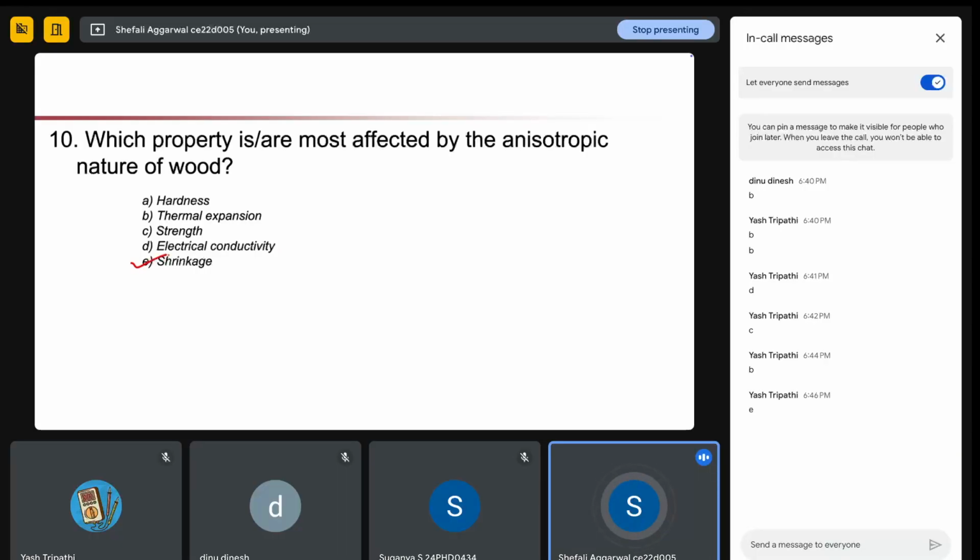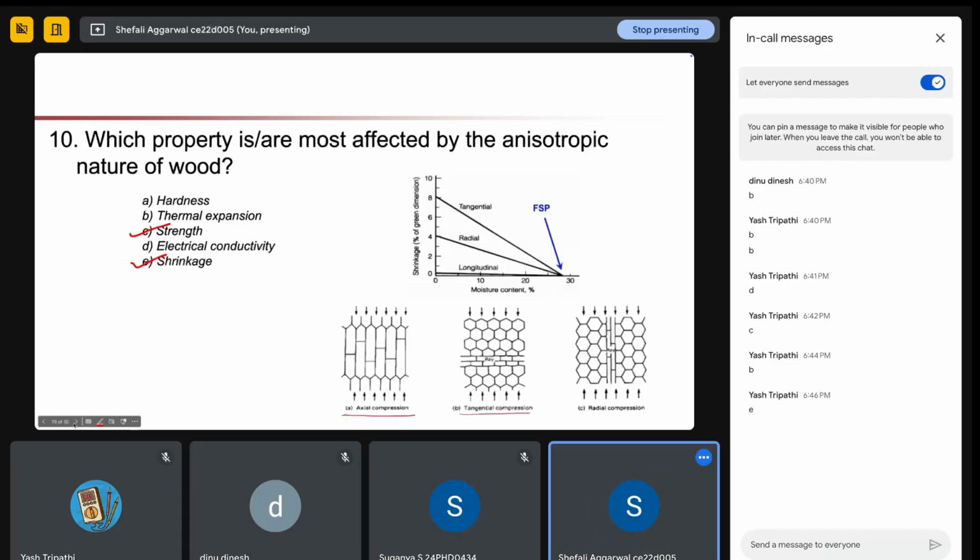Any other property do you think will be affected by the nature of wood? So shrinkage is the correct answer. Along with shrinkage, as we discussed, even the strength will change along the different directions. So the most affected properties will be strength and shrinkage.